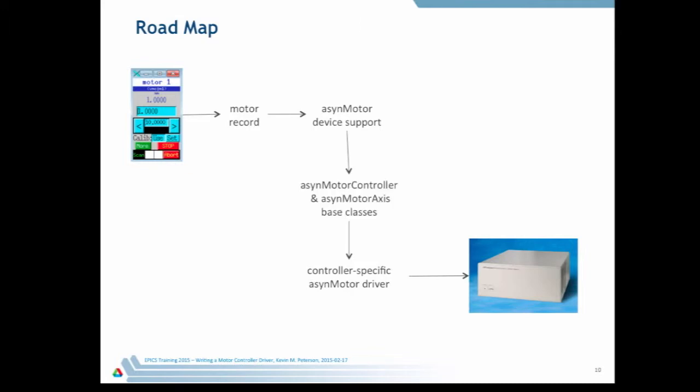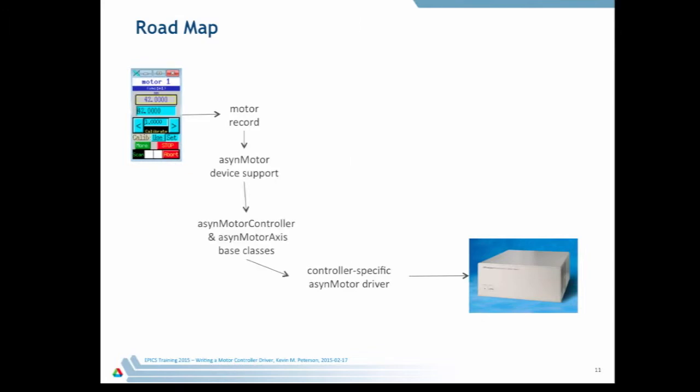I've looked through the source code, and I'll fill in the blank for you, but it's the base classes that hide the functionality that helps complete this link. So it's helpful to walk through an example of something that the motor record does and see what happens at each layer. We will use the set position command as an example.